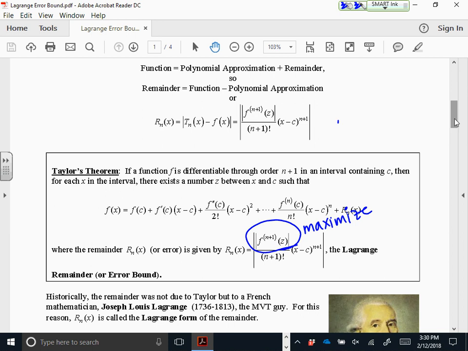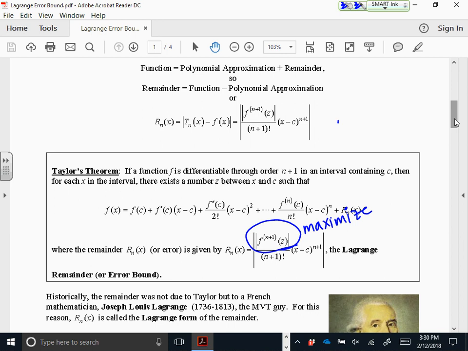Obviously, we can figure out what the sine of 1 is with our calculator, but can we approximate the sine of 1 without our calculator? That's why we would use a Taylor polynomial. So without our calculator, we're going to think about what is the maximum that next derivative would be in order to really understand how big of an error we could have. This is just giving us a little bit of cushion.